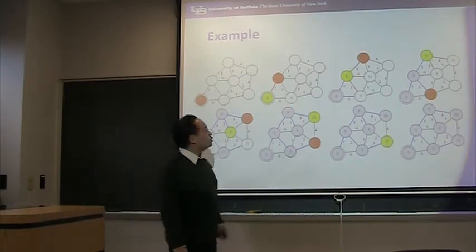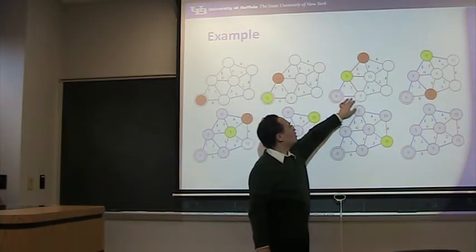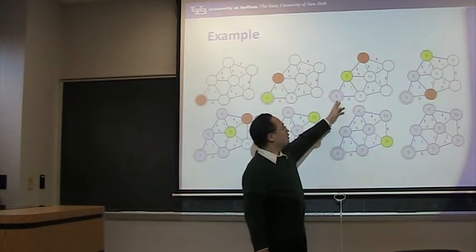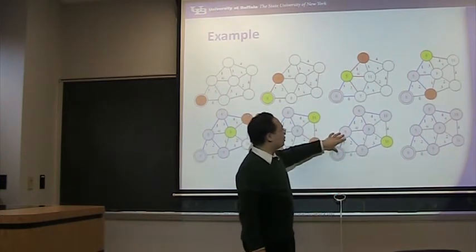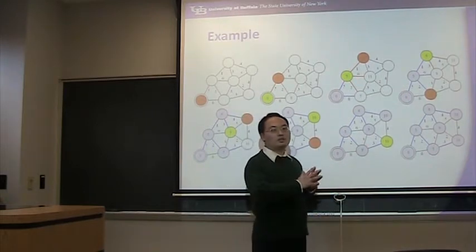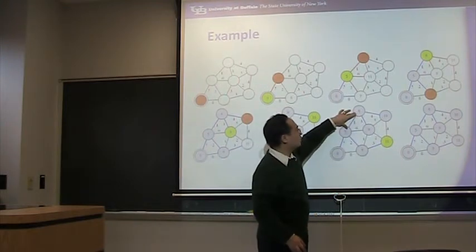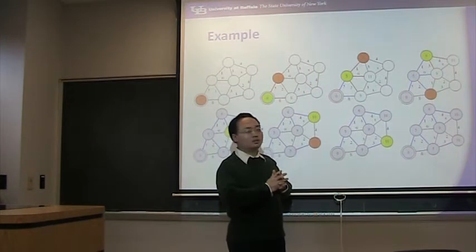So for example, this is a temporarily shortest path. But it's not in the shortest path tree. Only the nodes that are gray can be confidently set as shortest path tree. I mean, these nodes are in the shortest path tree, and the links between them are the shortest path segments.